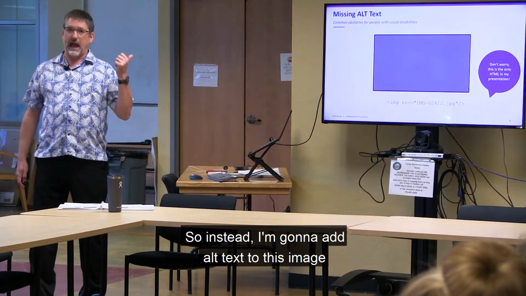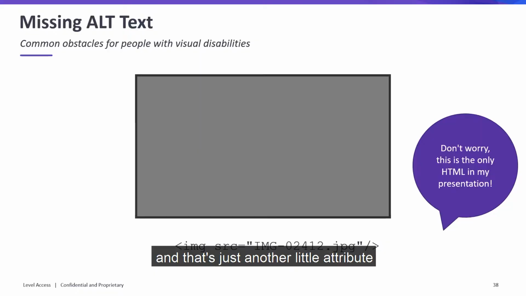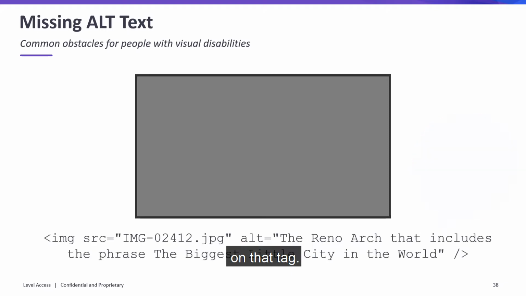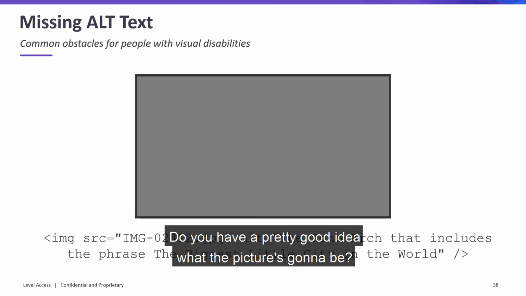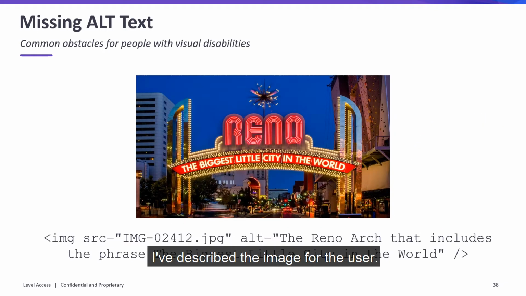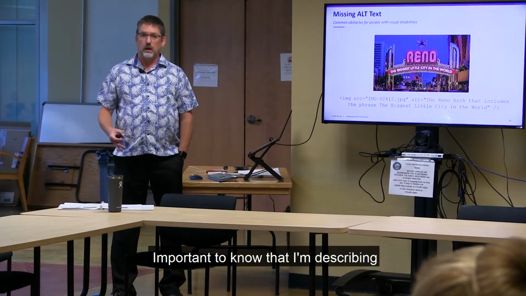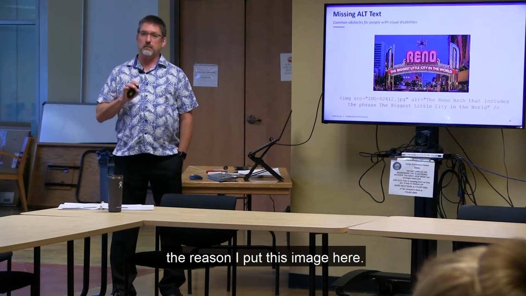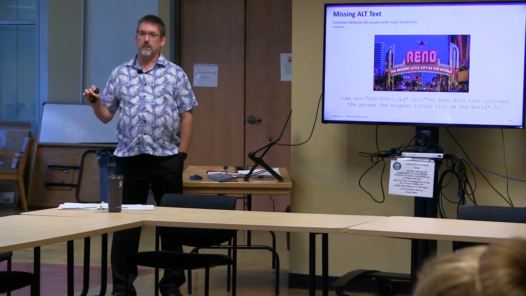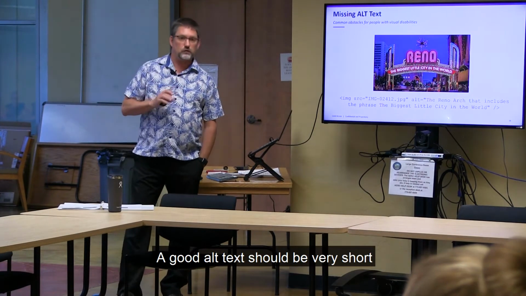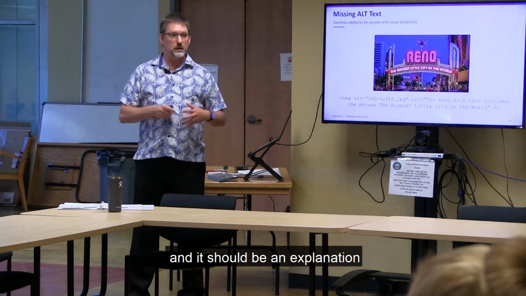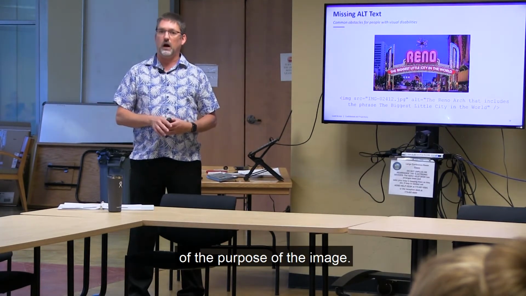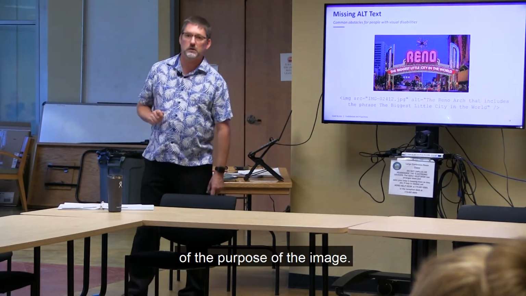So instead, I'm going to add alt text to this image, and that's just another little attribute on that tag. Do you have a pretty good idea what the picture is going to be? I've described the image for the user. Important to know that I'm describing the reason I put this image here. A good alt text should be very short, and it should be an explanation of the purpose of the image.